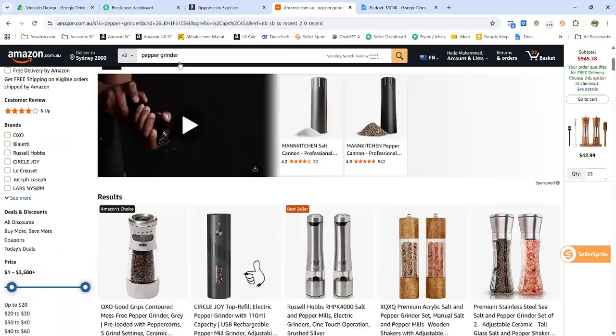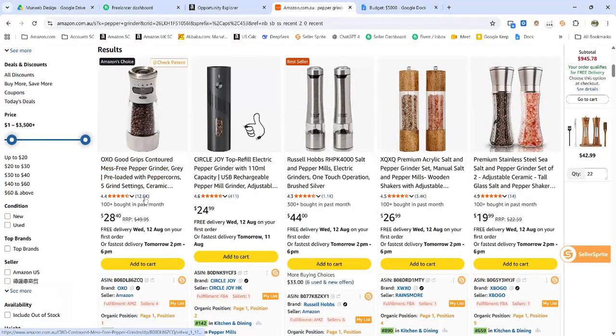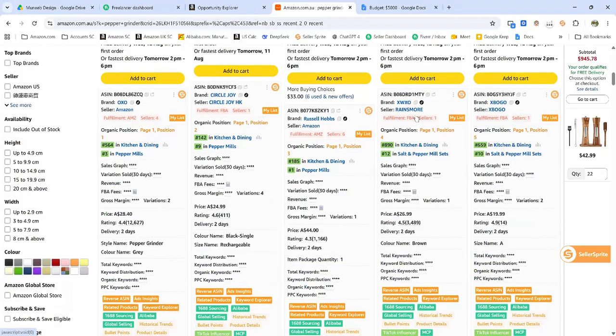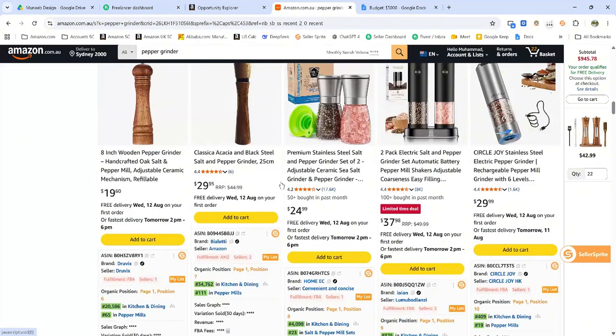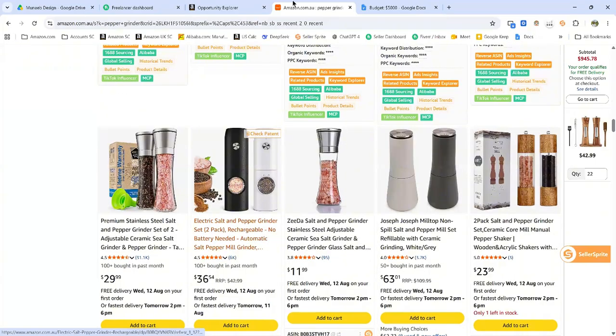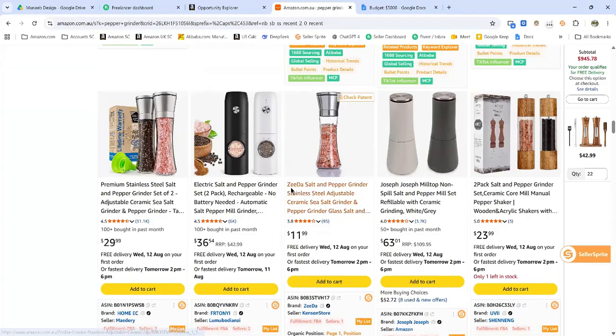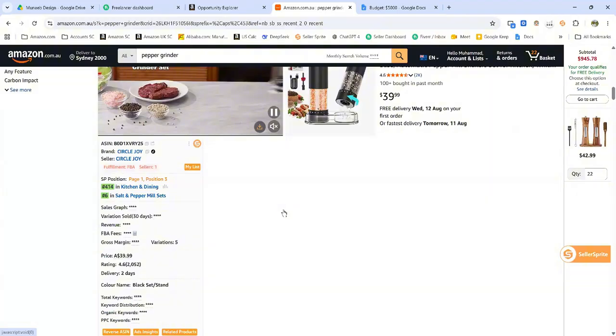As we search, let's suppose this product, pepper grinder, you can see just the top ones, 12,000, 3.4K, 400, to 2,000. This is usually a negative point, and this is usually the biggest no-go for us. 17,000, 8,000, 2,000. This is what we mean by high reviews. So automatically, the product is not a favorable one for us in this case.